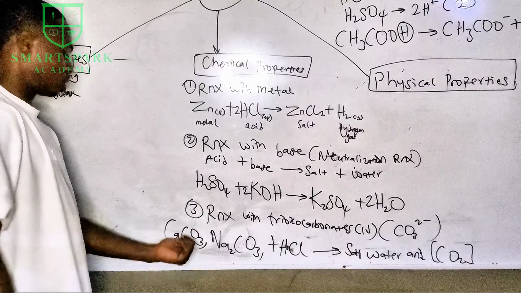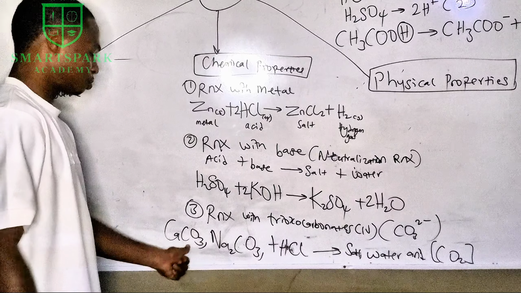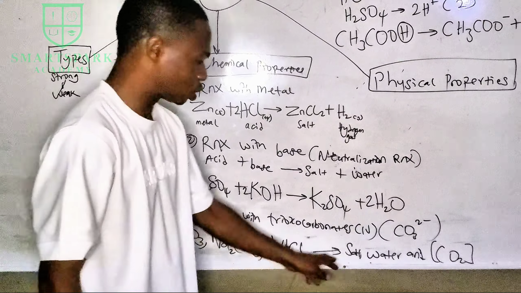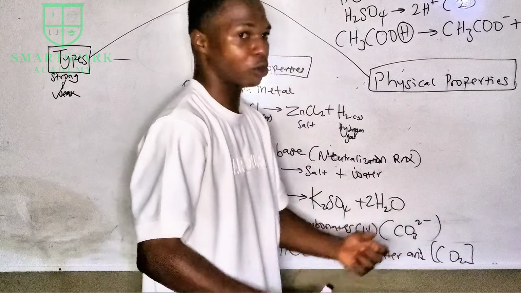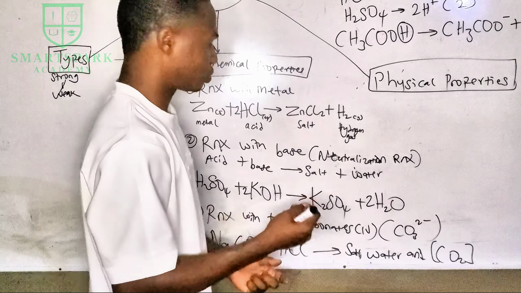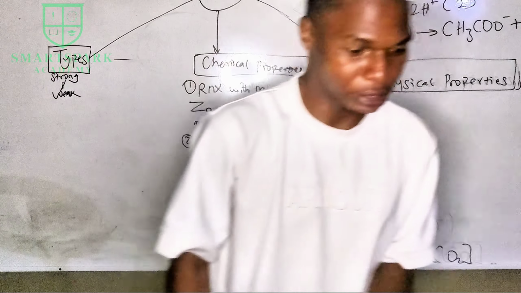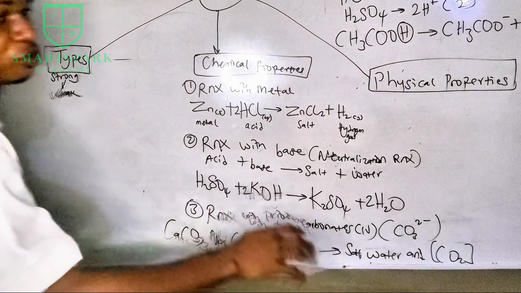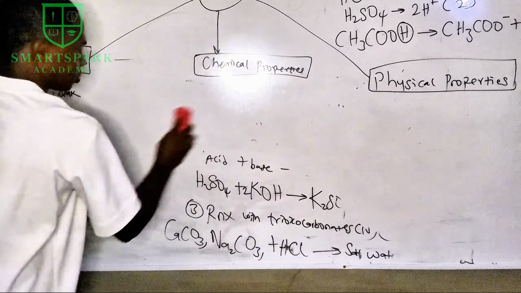When you add limestone, which is marble, which is calcium trioxocarbonate, it gives you what? Salt, water, and CO2. This CO2 is the gas that will be involved. You can now test it with lime water. That's that for chemical properties of an acid.